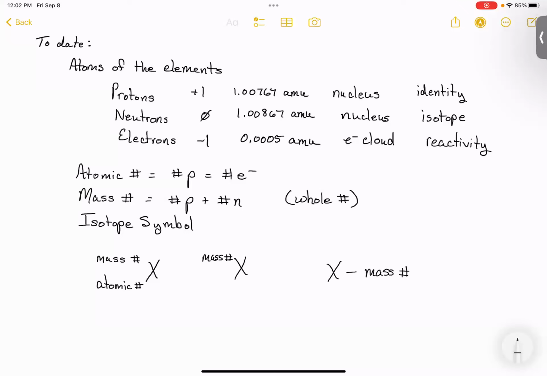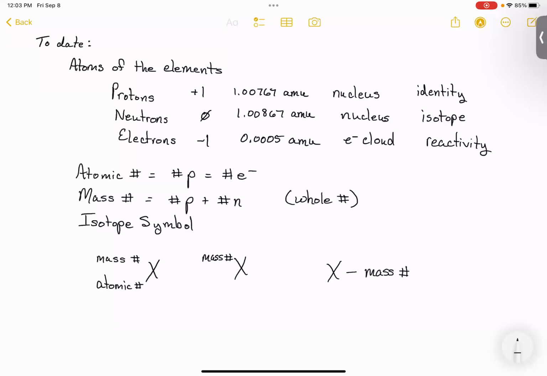The neutrons have no charge. They're slightly heavier than that of the proton, weighing in around 1.00867. The neutrons are also found in the nucleus, and the neutron is responsible for the isotope of the element.